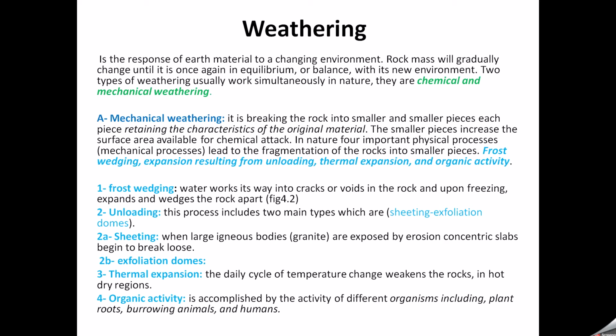No chemical changes, just fragmentation into smaller pieces. But what happens when we break down the rock into smaller pieces? That will increase the surface area available for chemical attack. So mechanical weathering breaks down the rock into smaller pieces and makes the exposed surface area bigger, and that will help the next type of weathering, chemical weathering, to attack a larger surface area.